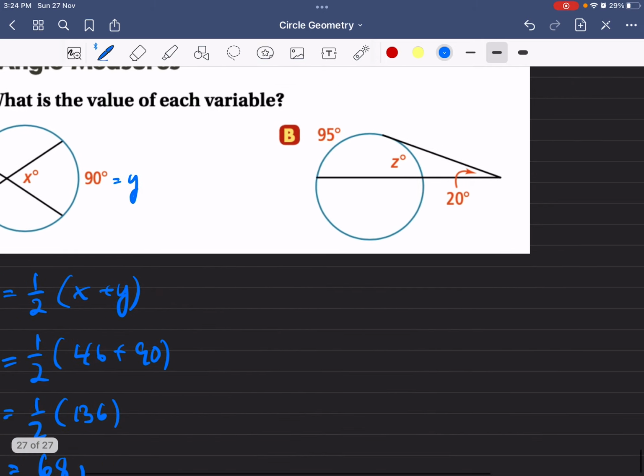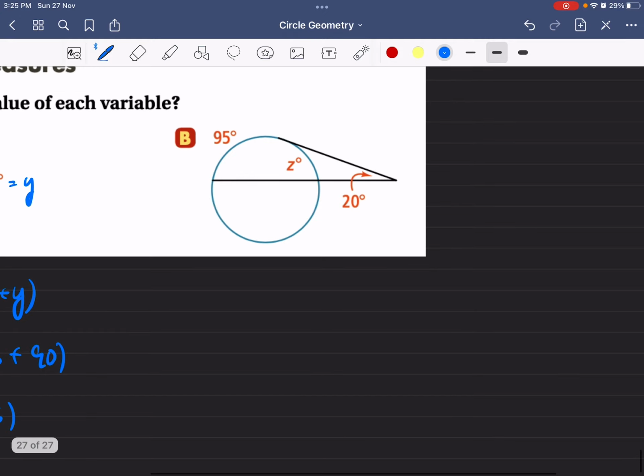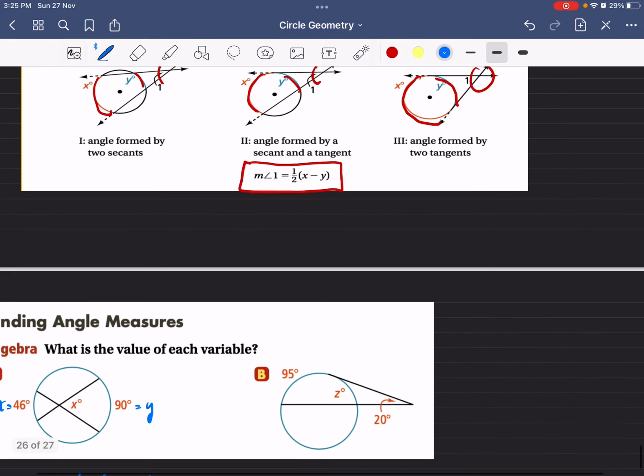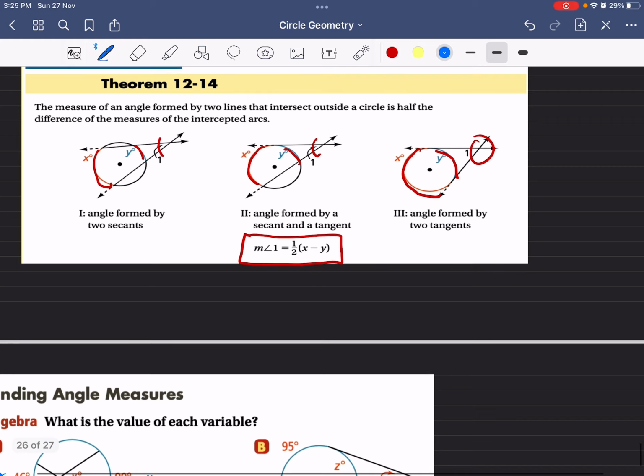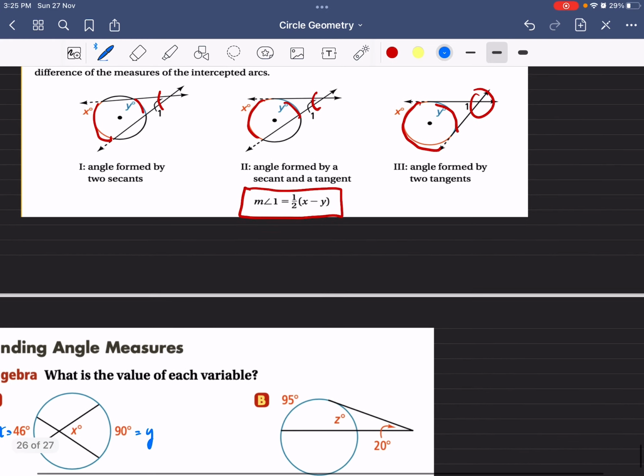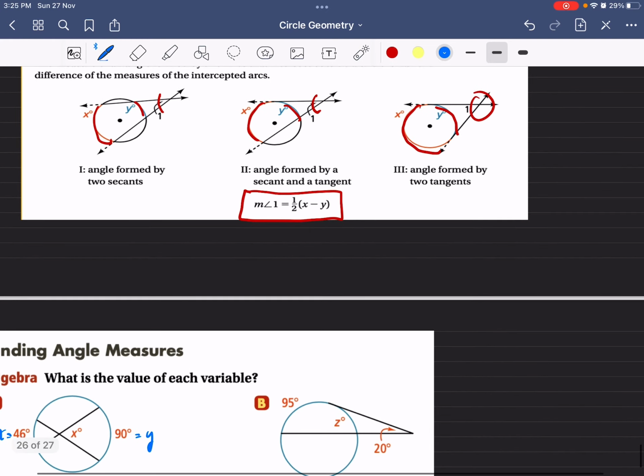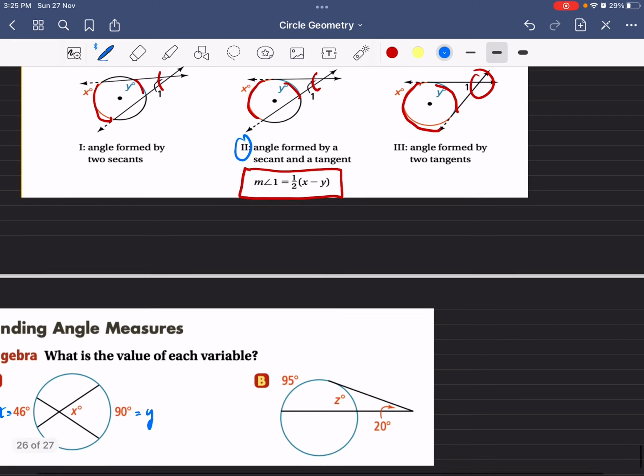Here, in this case, we're going to be looking at this theorem in 1214. It looks like a tangent. This one is case number 2, formed by a secant and a tangent.